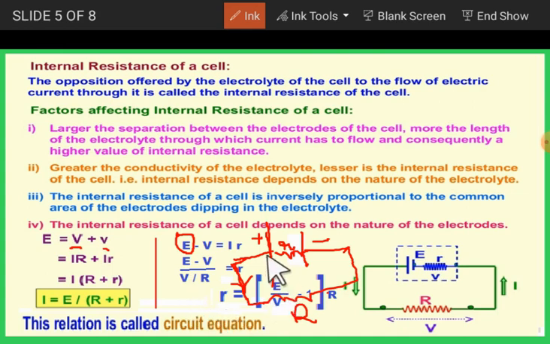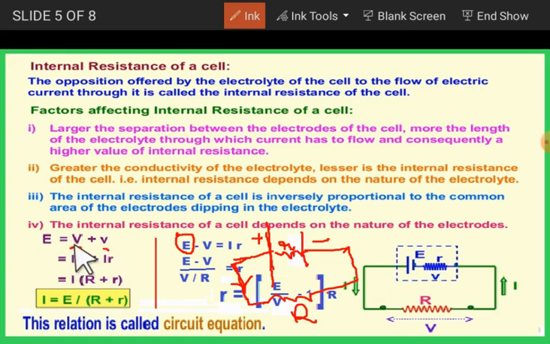Okay, so your maximum EMF, the maximum potential difference, we call EMF. This EMF will be equal to the sum of the potential difference of the cell plus the potential difference across that internal resistance.